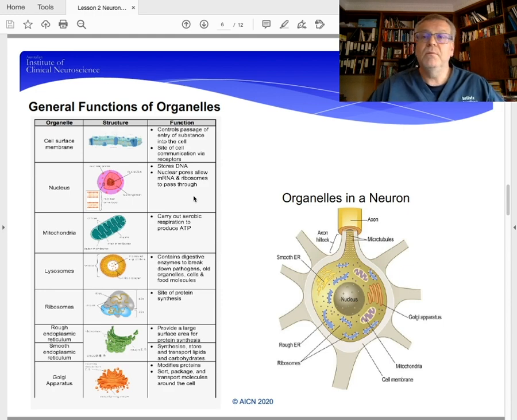Then we have the ribosomes themselves. Now, the ribosomes are where the RNA, so the RNA that contains the genetic instructions from the DNA, binds, and this is where the actual proteins that we were talking about are produced. So the RNA contains the genetic code from the DNA.